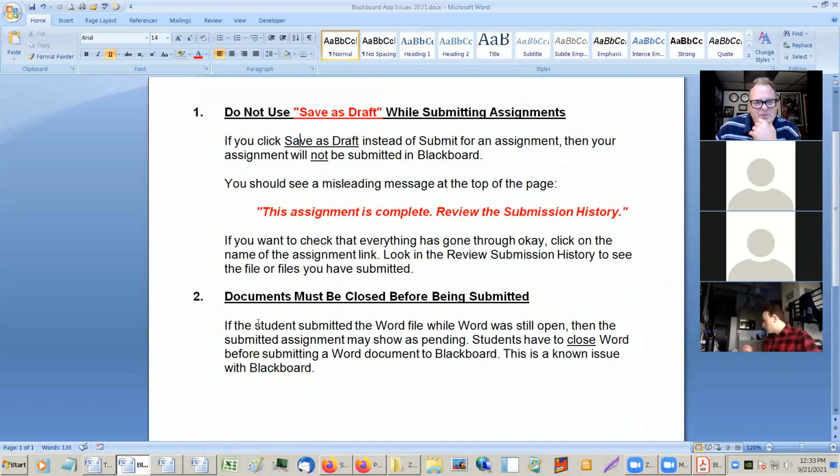This is the one I think is probably the one that's causing the most headaches. And that is: document was supposed to be closed before being submitted. If you have your Word document up and you try to submit it, it'll show it submitting, but it'll show on my end as pending.